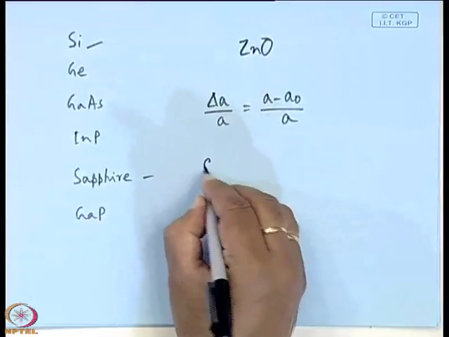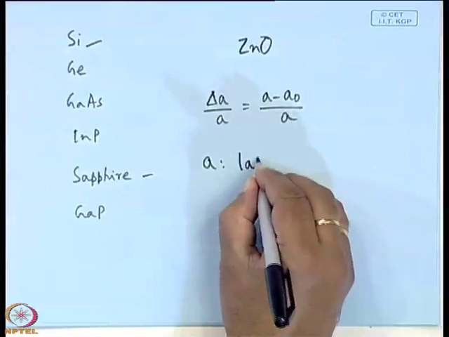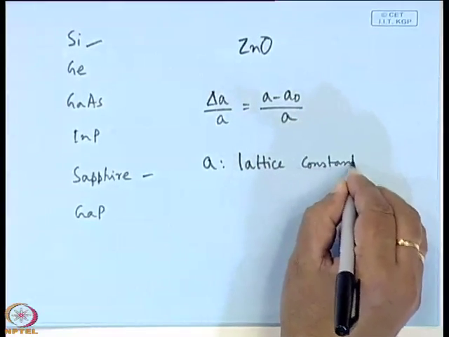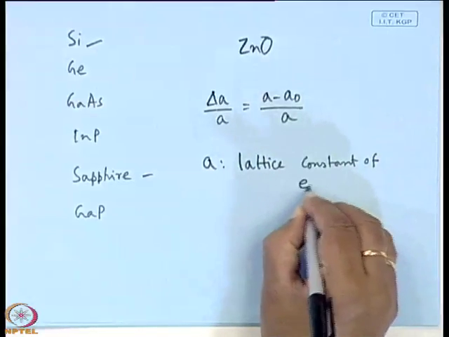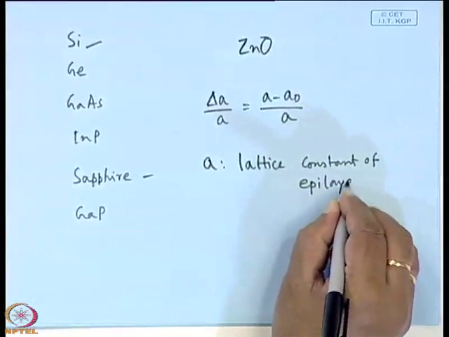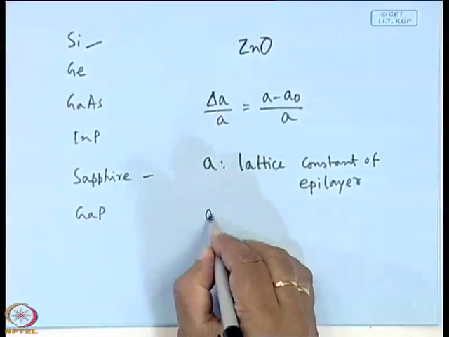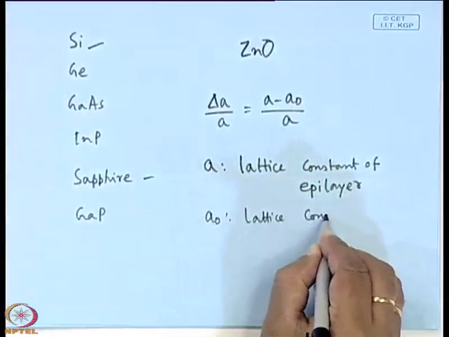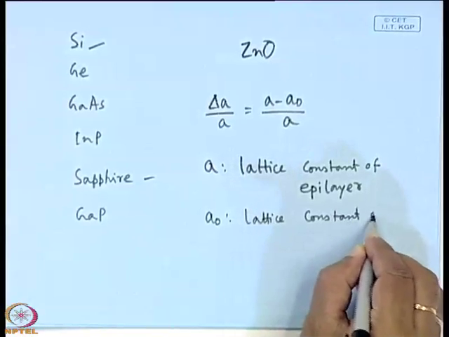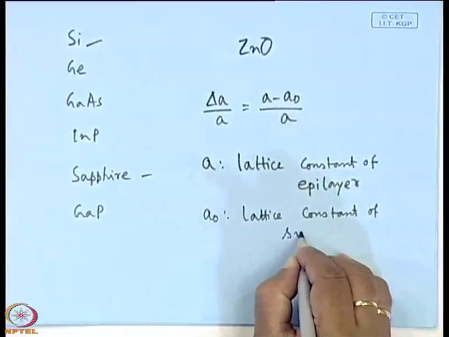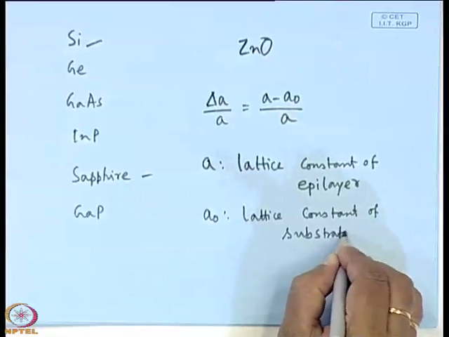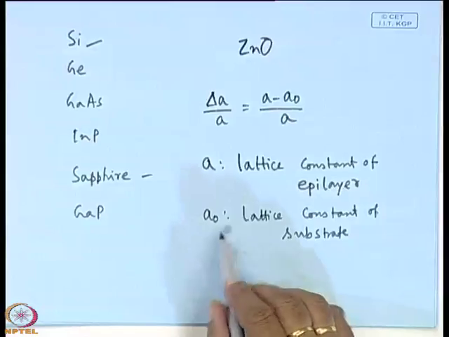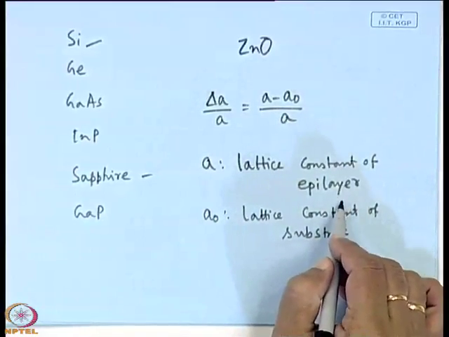What is a? a is the lattice constant of the epitaxial layer, and a0 is the lattice constant of the substrate.